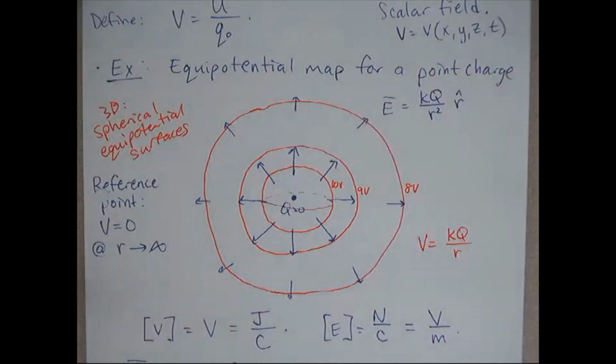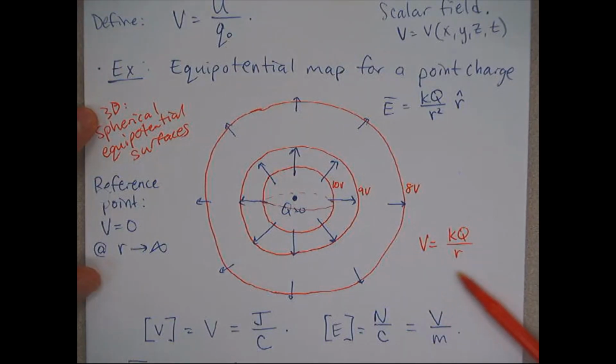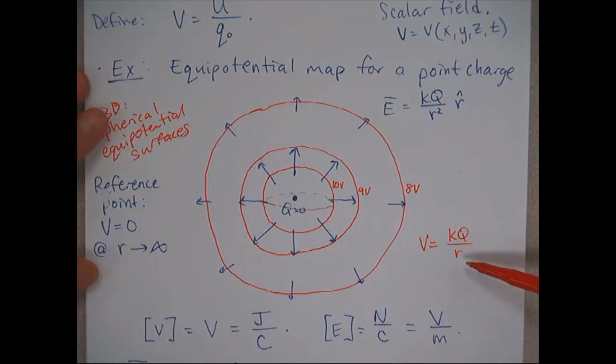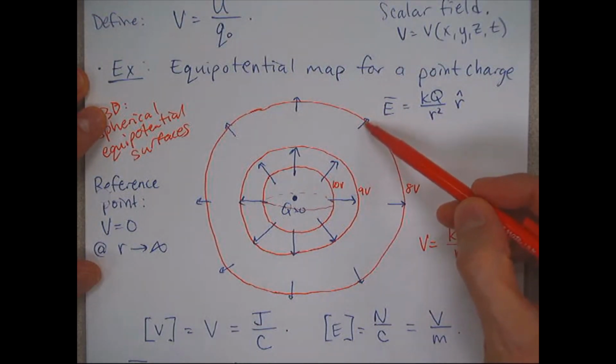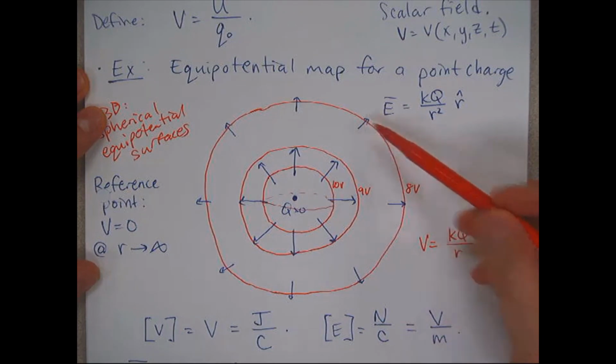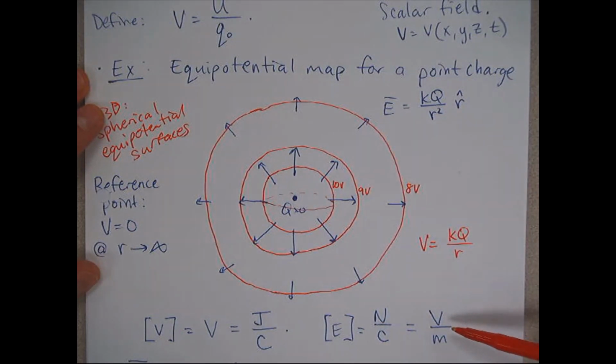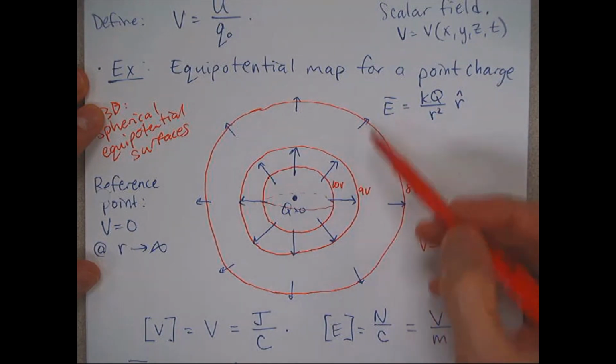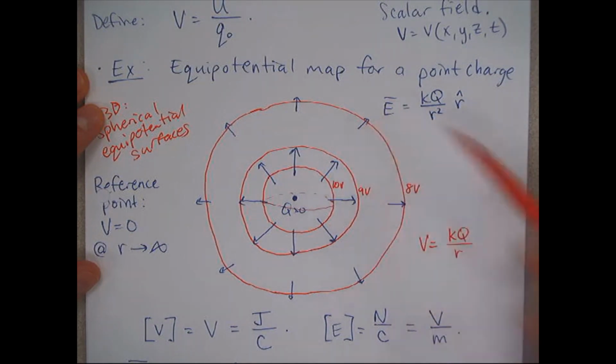As we move away from the point charge, the voltage spheres are going to spread out. Voltage is going to fall off like 1 over r, and you'll find now that these electric field magnitudes are smaller because you have a smaller change in voltage over the same distance traveled.